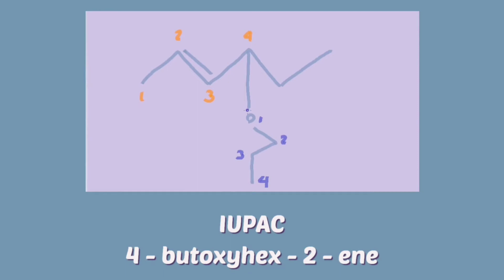Because there are 4 carbons, the prefix is but. Further, we count the number of carbons of the mother chain. And identify last if there are any bonds.